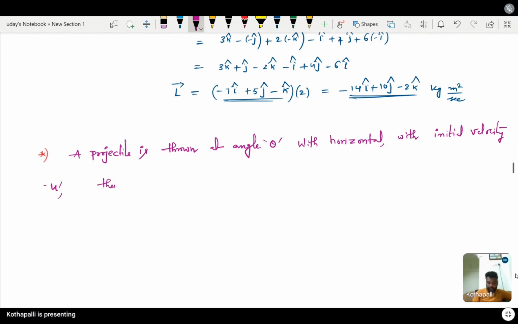Then find, first question, the angular momentum about its point of projection when it is at its maximum height.